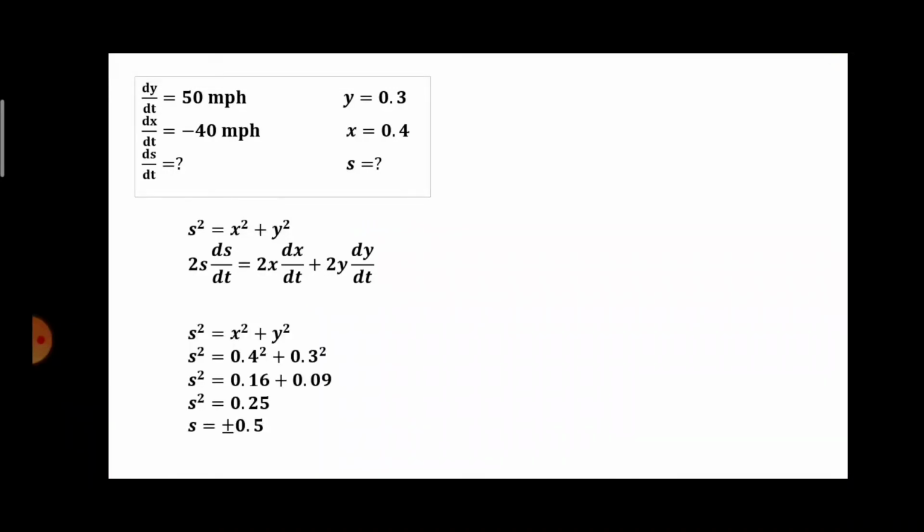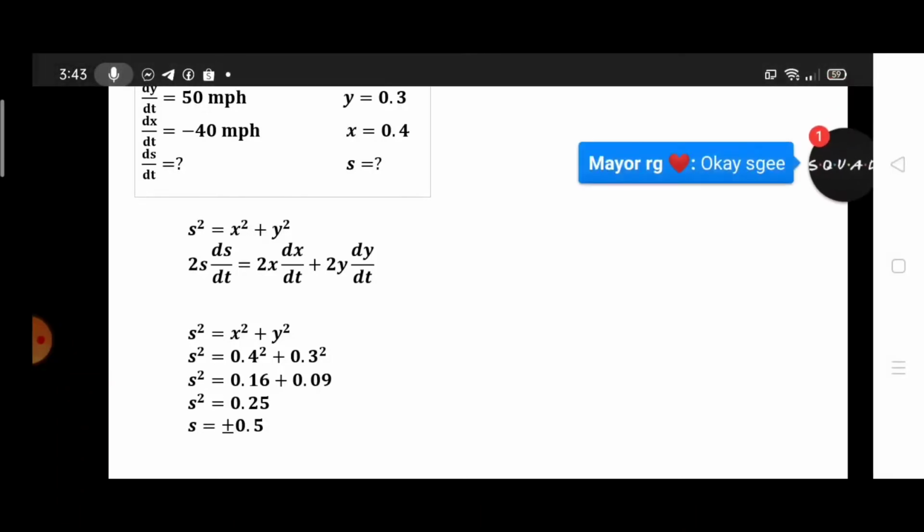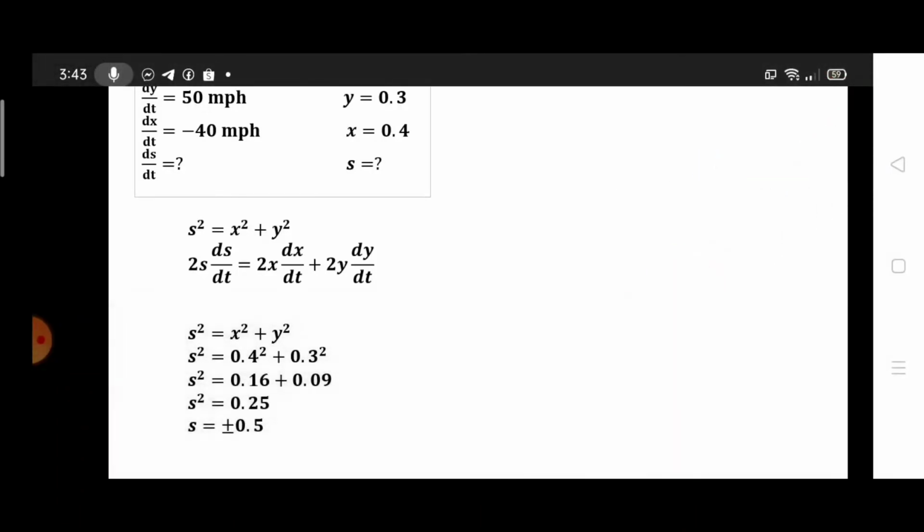Again, let us use the Pythagorean theorem to solve for s. We substitute the values of x and y.